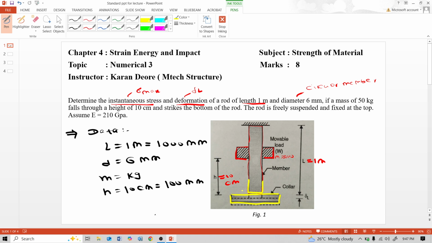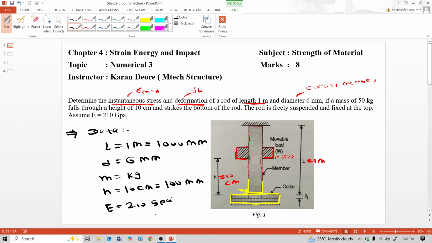And they told us this is the bottom of the rod. And this movable load strikes the bottom of this rod. And the rod is freely suspended and fixed at top. E, modulus of elasticity, 210 GPa.